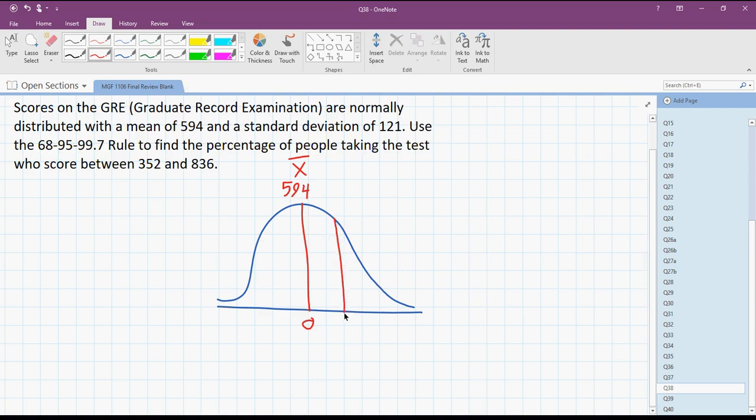So if I go here, how far above the mean am I? 1 standard deviation. So what is the test score here? We're going to take 594 and do what? Add 121 to it because we're going above. 594 plus 121. What do you get?